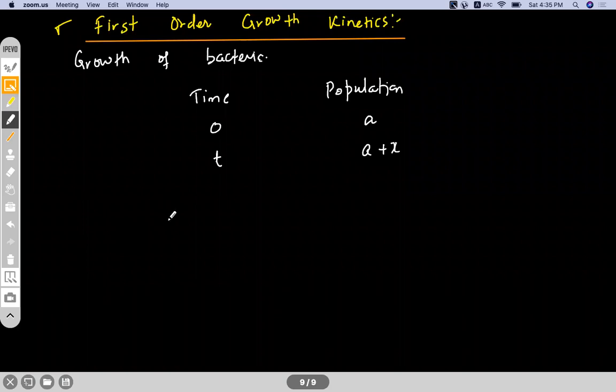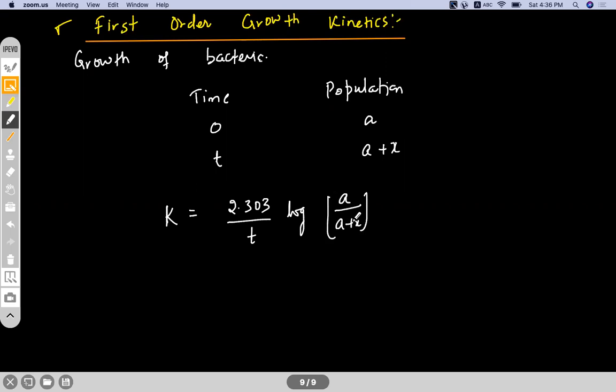So here the K value, if you recall the expression for first order, is 1 by t ln A naught by At, correct? If I write it in terms of log, it is 2.303 by time t log of initial concentration A, and concentration or population at time t is A plus X. So this is the expression we have.